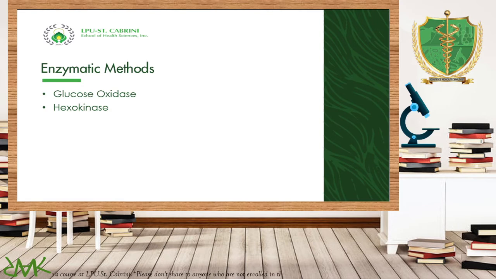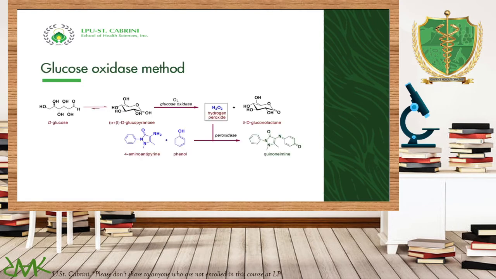which involves the presence of our glucose oxidase that catalyzes the glucose to gluconic acid and hydrogen peroxide, and this hydrogen peroxide will oxidatively bind with our 4-aminoantipyrine in the presence of our peroxidase enzyme.